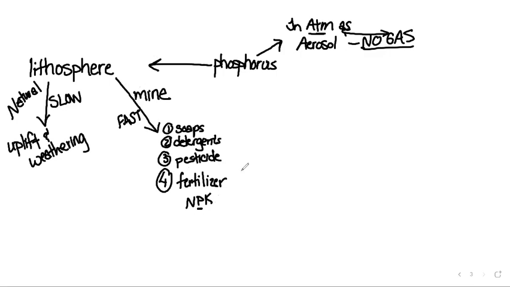And the vast amount of the inorganic phosphorus that we get ends up in fertilizer. We put fertilizer on our fields, and we usually put a lot. It's not, do we need some? It's, we're going to use some whether we need it or not.